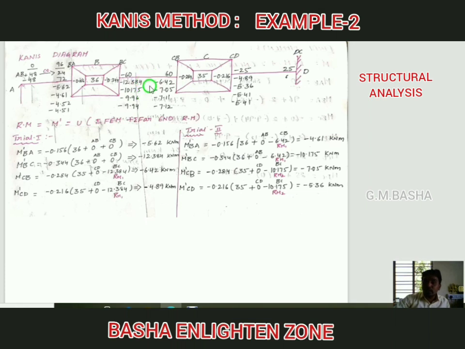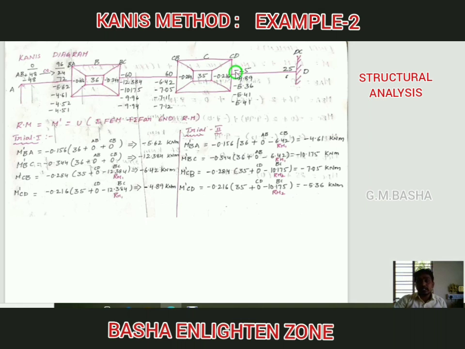So there will be two trials. After calculating the second trial rotation moment at BC, you take whatever you obtained most recently. So the recent rotation moment will be minus 10.175, take it down here and simplify, and you will get minus 7.05. After simplifying, I am writing here minus 7.05 for CB.